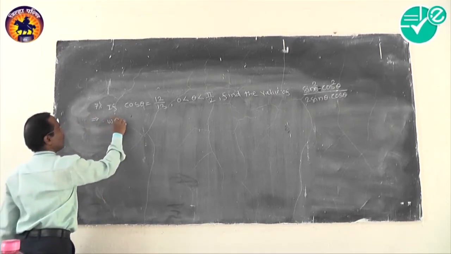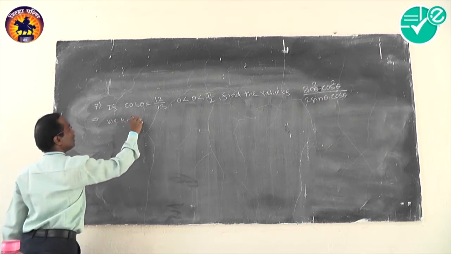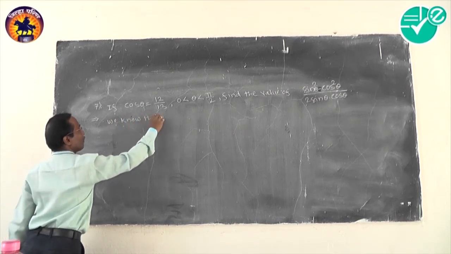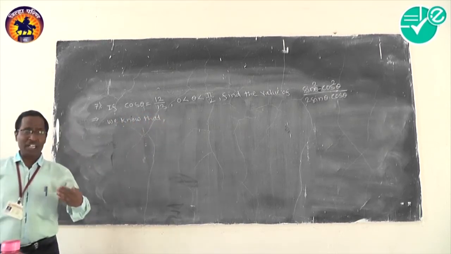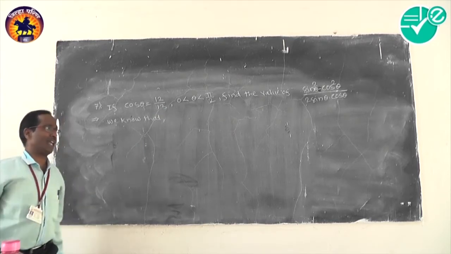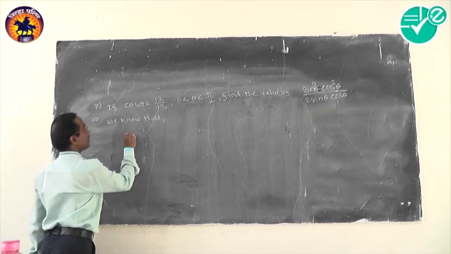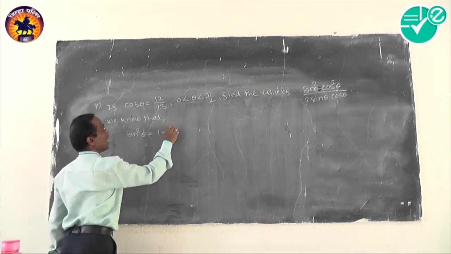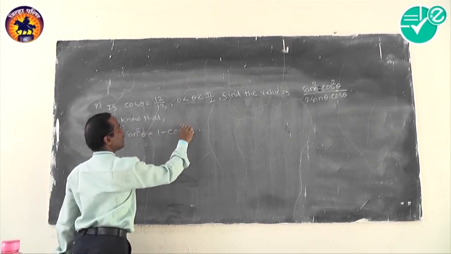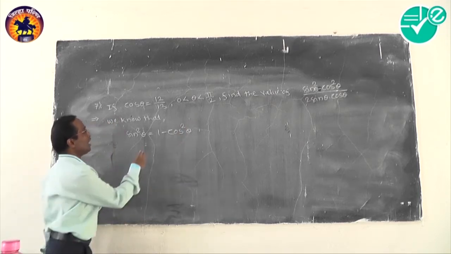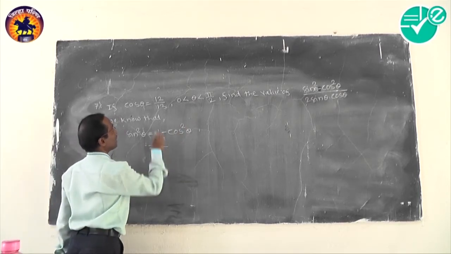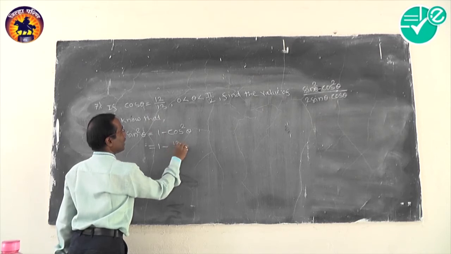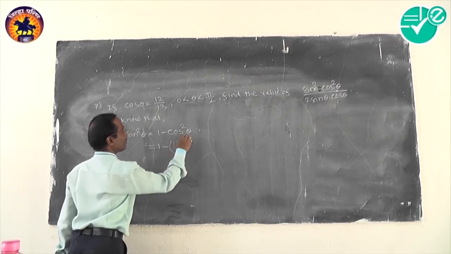We know the fundamental identity which contains sin and cos. Sin square theta is equal to 1 minus cos square theta. So we get 1 minus 12 upon 13 square.